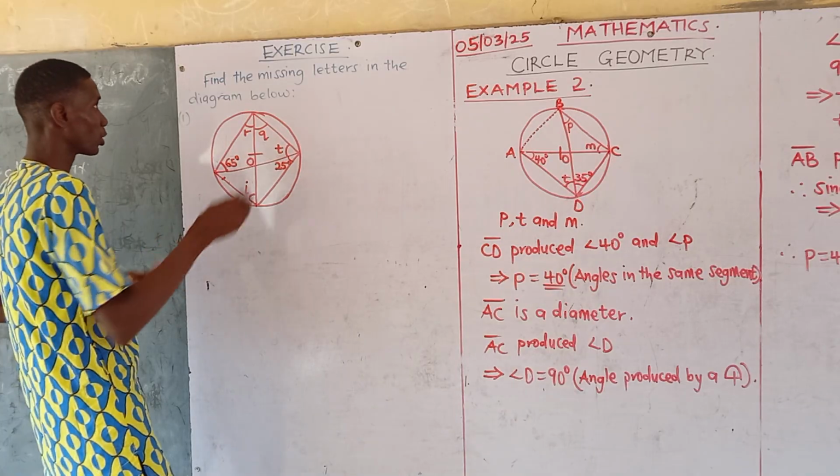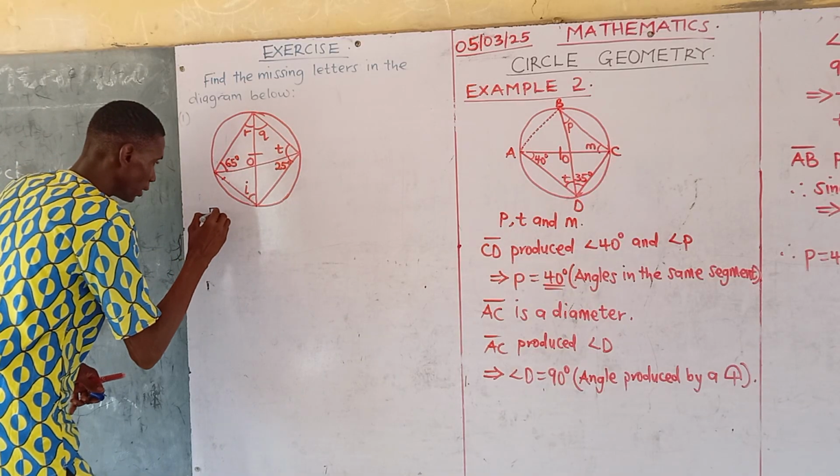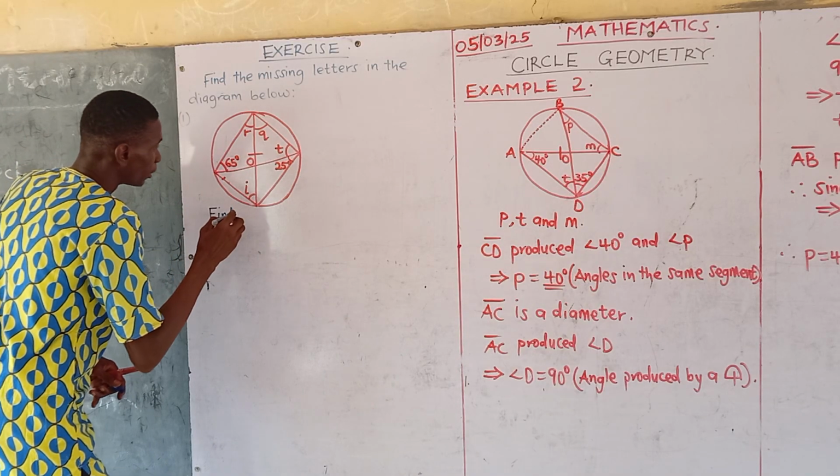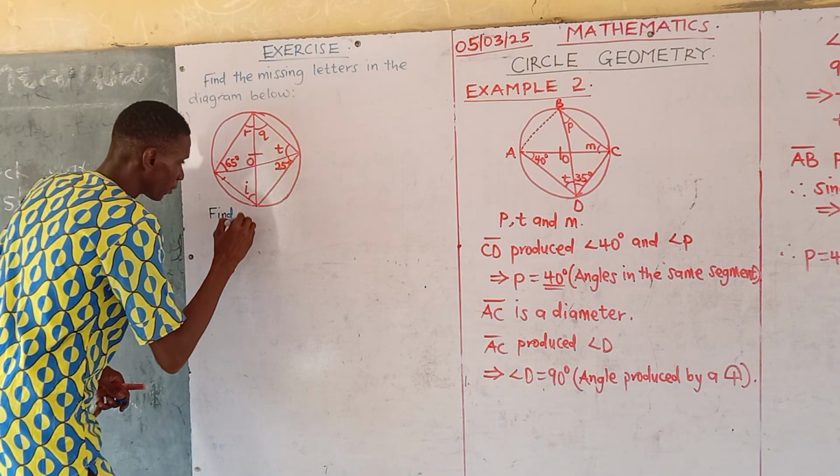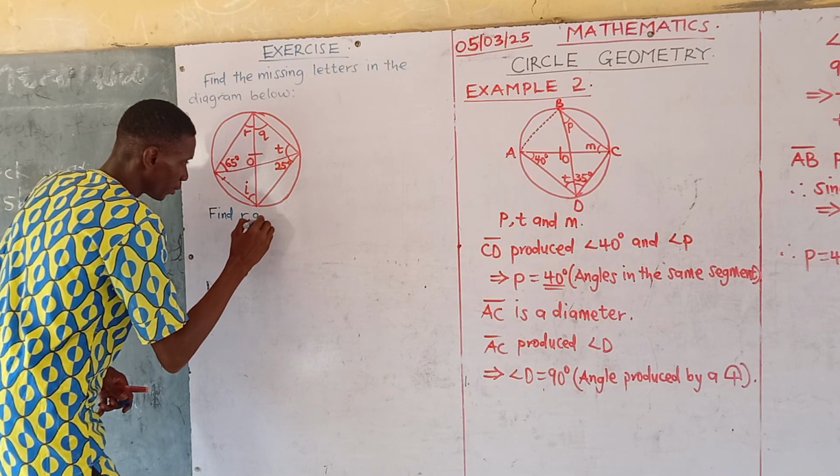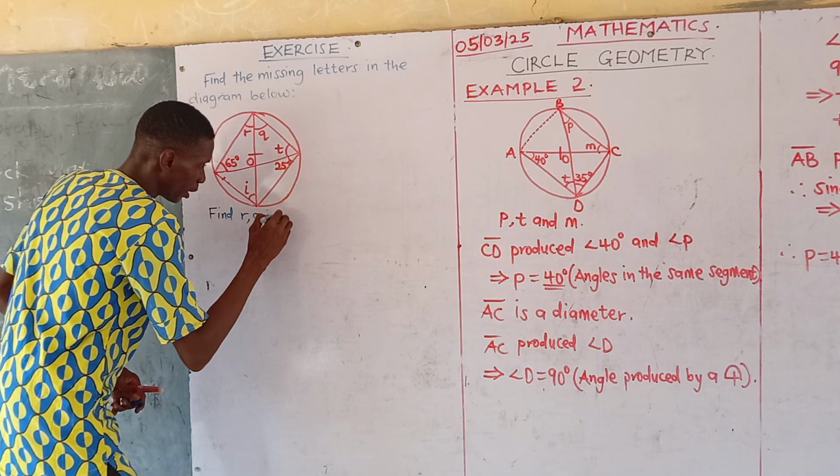According to this question, you have to find your letters R, Q, I, and C.